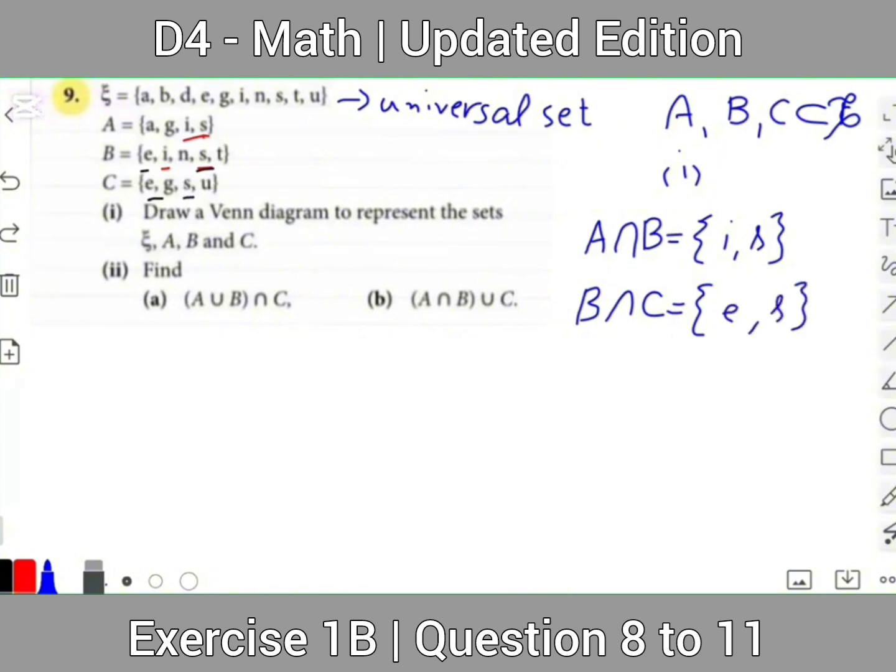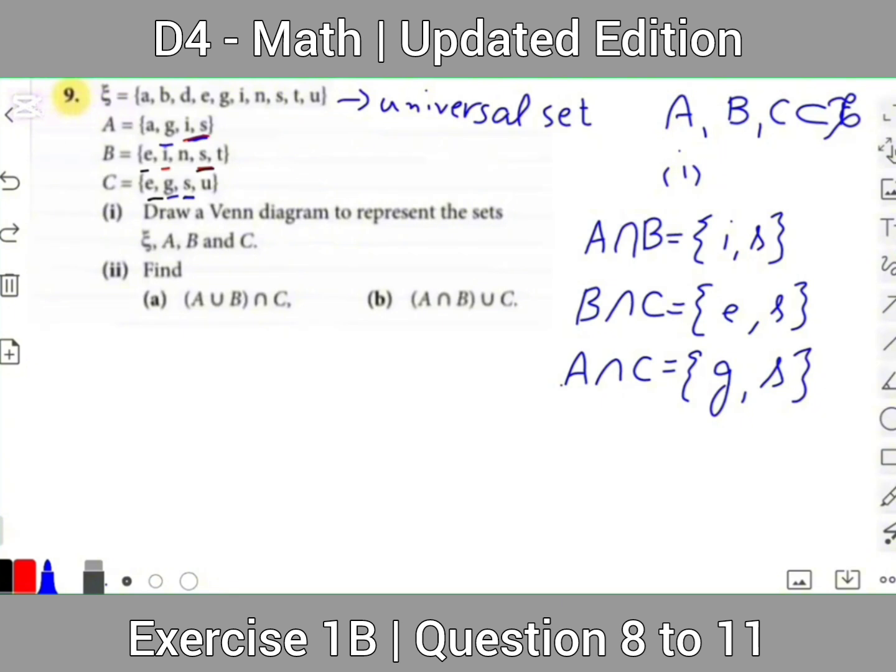Now A intersection C. We will see the common elements in the sets A and C, and we will mark those elements with blue. So G and S are the common elements in the sets A and C. So A intersection C is {G, S}.